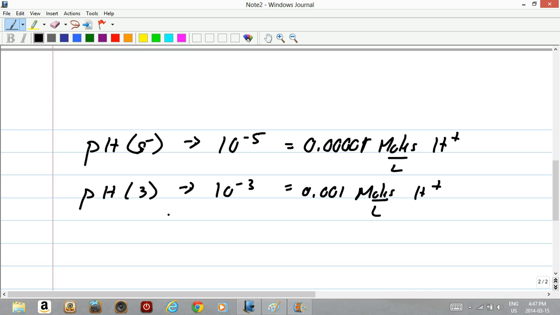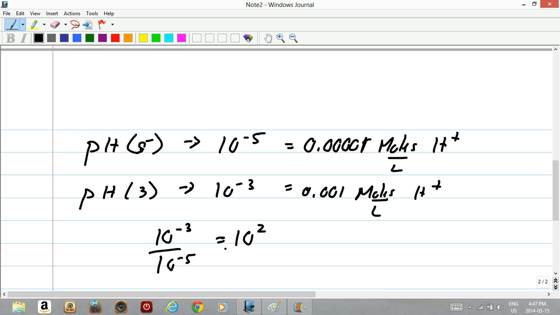Well, we can say how much more hydrogen ions does it contain, and we can just do the math. If we have a pH 3 solution is 10 to the negative 3, and a pH 5 solution is 10 to the negative 5, then this divided by this gives you 10 to the 2.